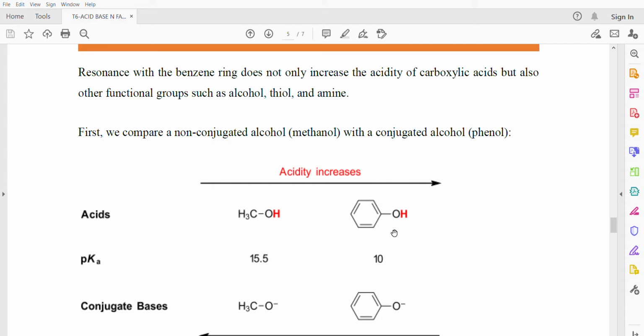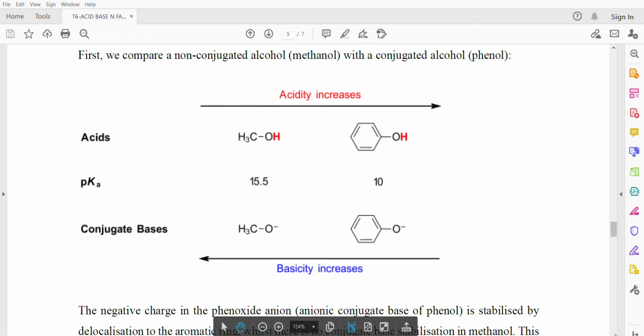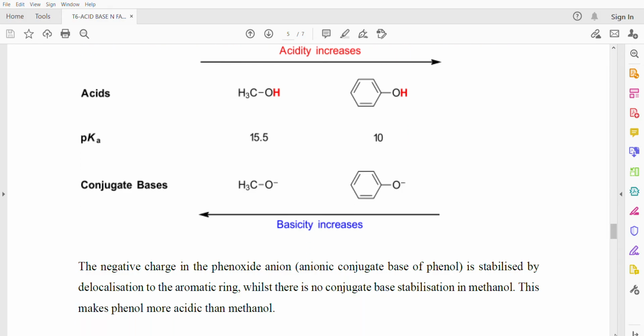They are sharing the negative charge, but methyl is not sharing; it is giving electrons. It has an electron donating effect, and it will be vice versa. If phenoxide is acidic, it means it is less basic, and if methoxide is less acidic, it will be more basic.